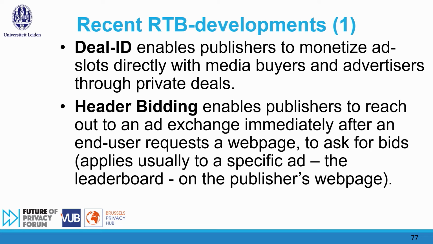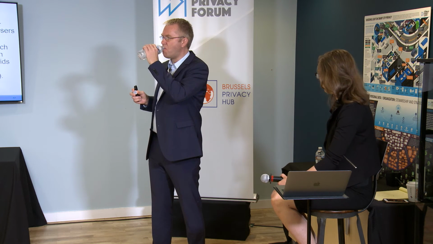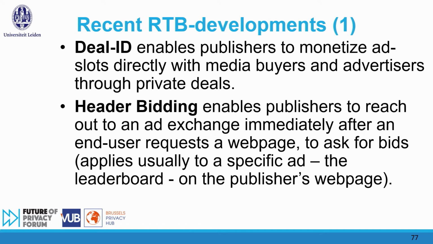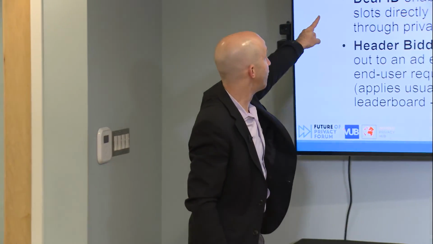Actually, Rob, I think that's a really important point about the shifting control to the publisher. Both the Deal ID, where they can say, based on a very manually managed relationship with an advertiser, I'm going to send these bids out into the programmatic landscape, but only certain advertisers that I have relationships with know to deal with that, know to look for that Deal ID.